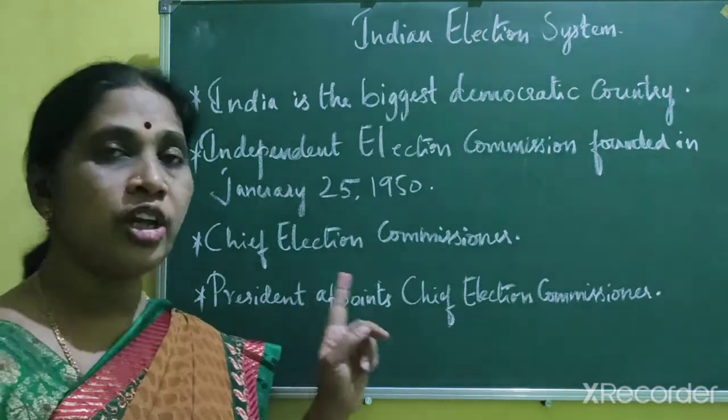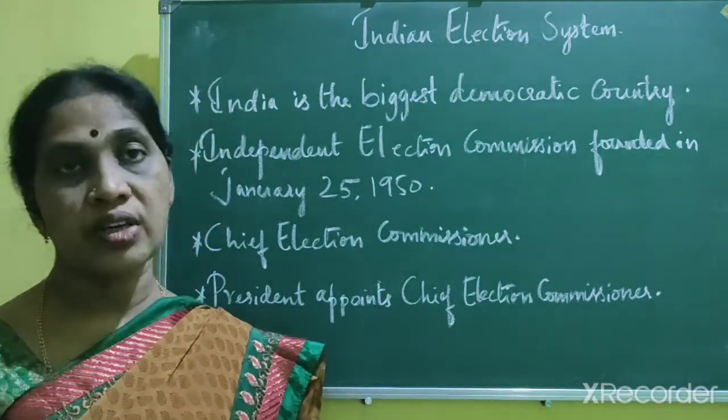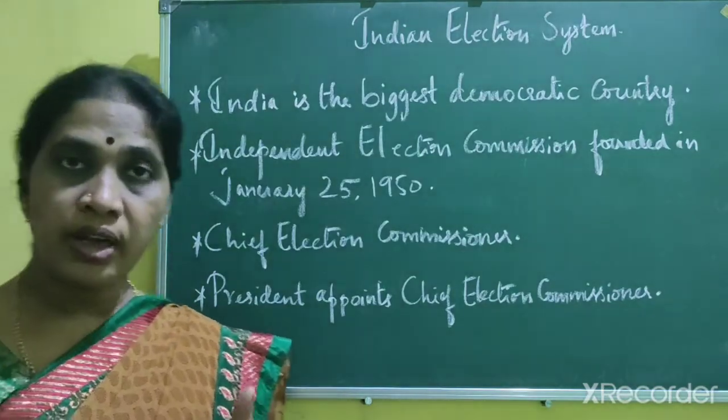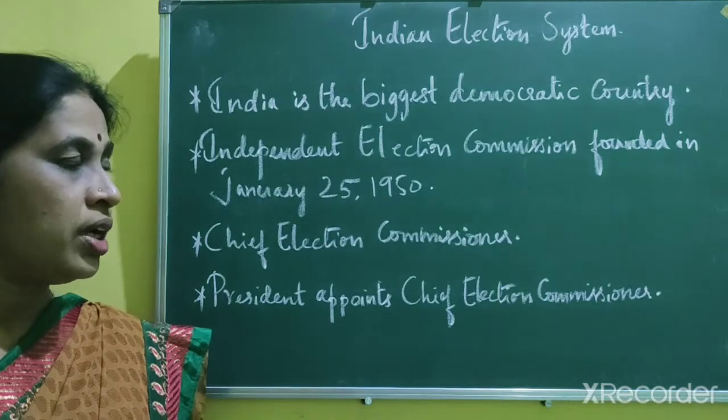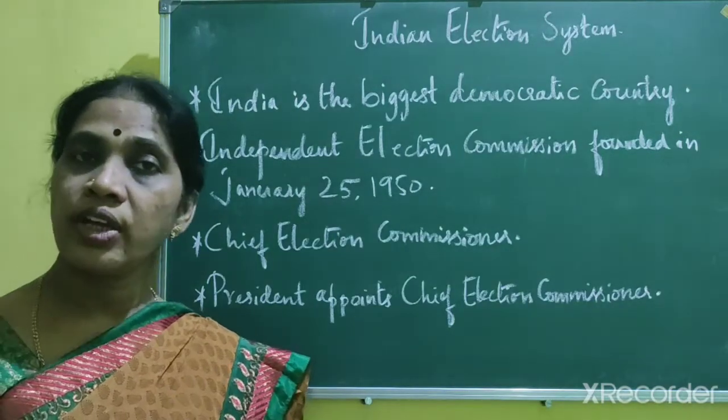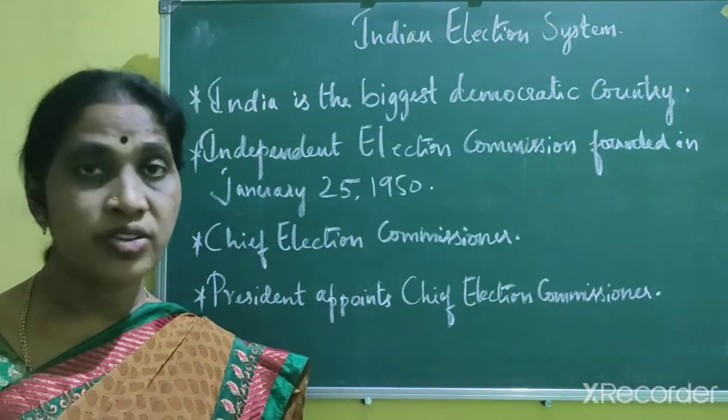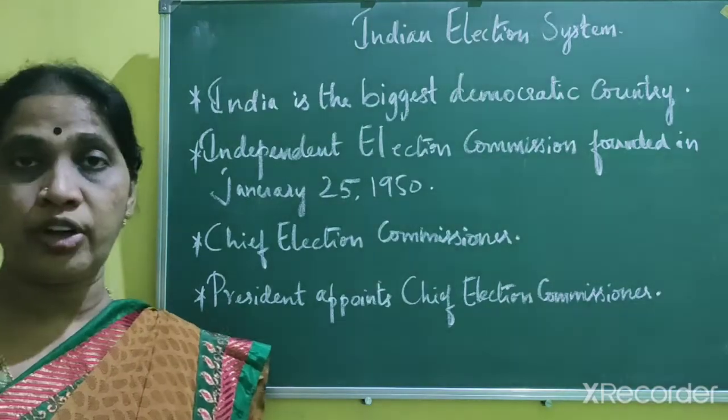The tenure is 6 years, or up to the completion of 65 years of age, and in between they also have the right to resign. That means they can tender their resignation at any given time.